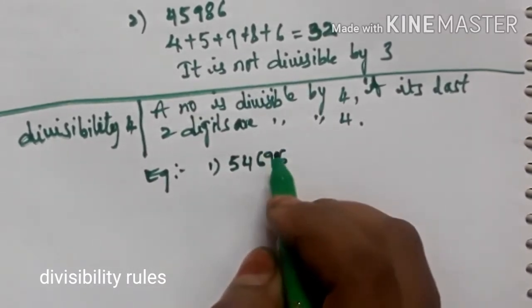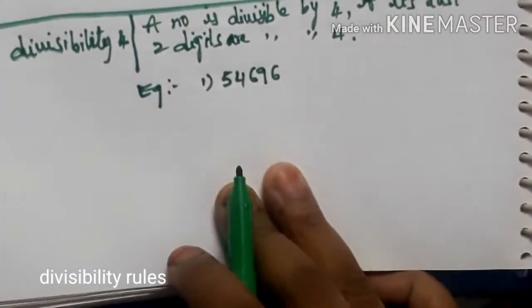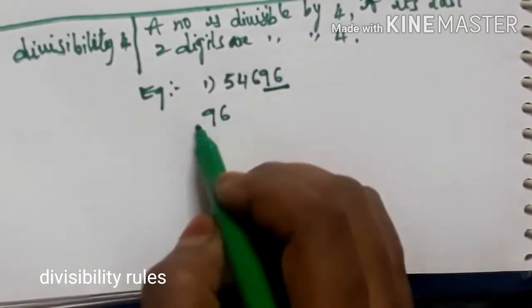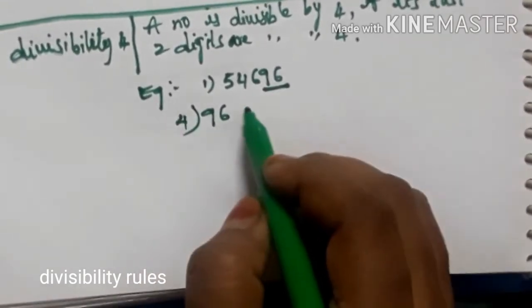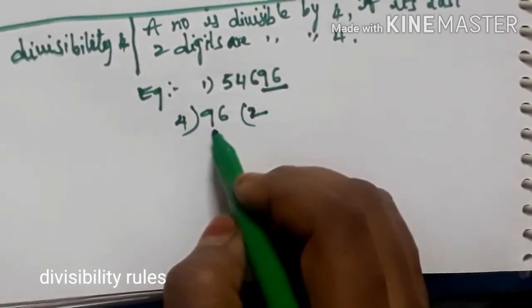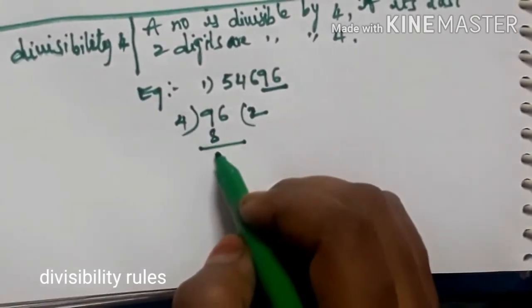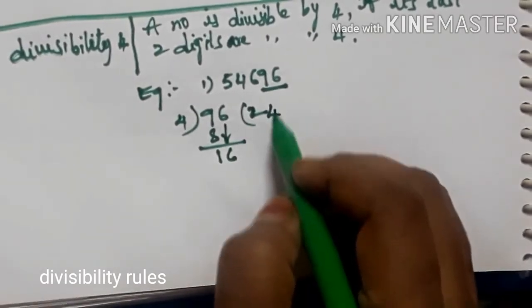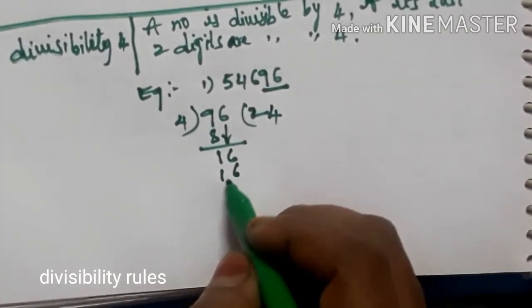54,696. In this one, the last two digits are 96. So you have to divide by 4. 4 ones are 4, 4 twos are 8. So 8, remainder 1, remaining 6, 4 fours are 16.